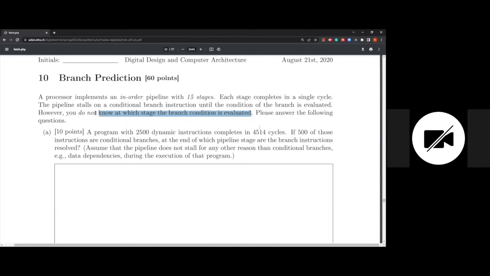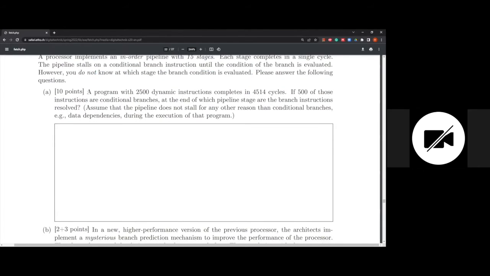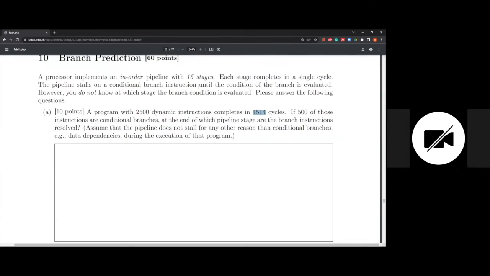In part A, there's a program with 2,500 dynamic instructions that completes executing in this many cycles on this processor. If 500 of those instructions are conditional branches, at the end of which pipeline stage are the branch instructions resolved? So we basically need to find that in this part.